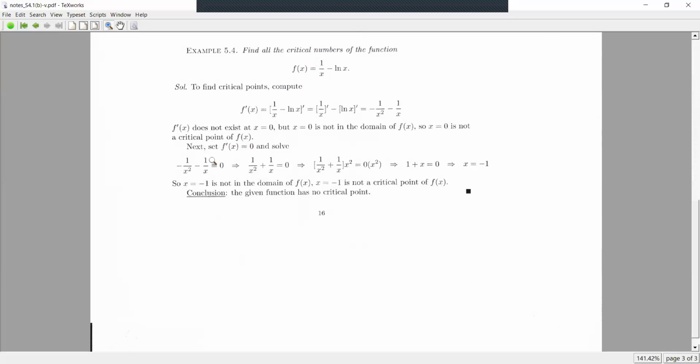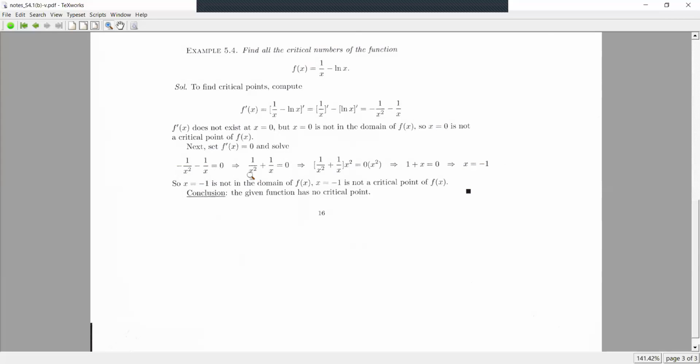Okay, next, we set derivative to 0 and solve. Derivative is 0, solve this equation to get the second type of critical points. Now I need to solve this equation. Multiply -1 to both sides. Then I get this.